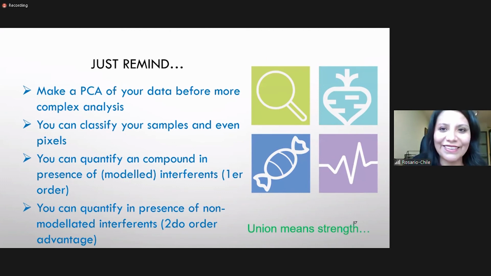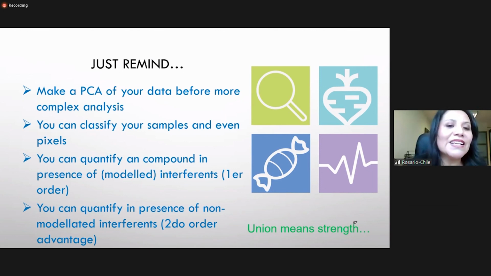I think I am on time. Just to remind you about this presentation, a suggestion: just make a PCA of your data before more complex analysis, because in the PCA analysis you can decide if the reduction method works or not, okay? And then you can choose your mathematical or chemometric methods for the following steps.